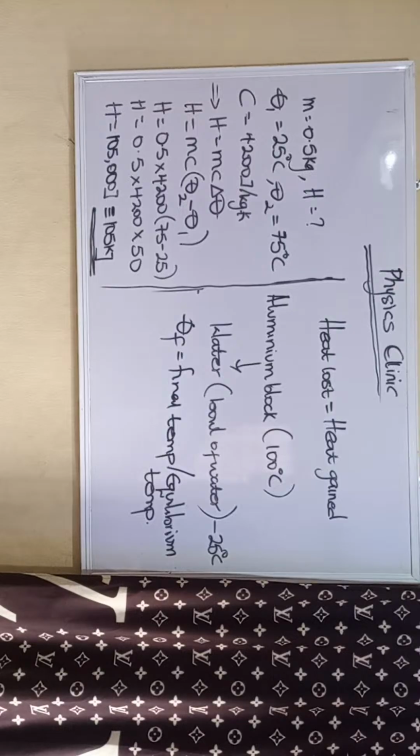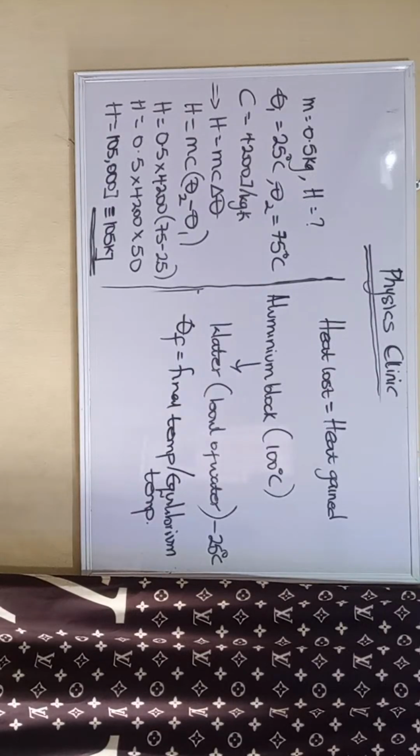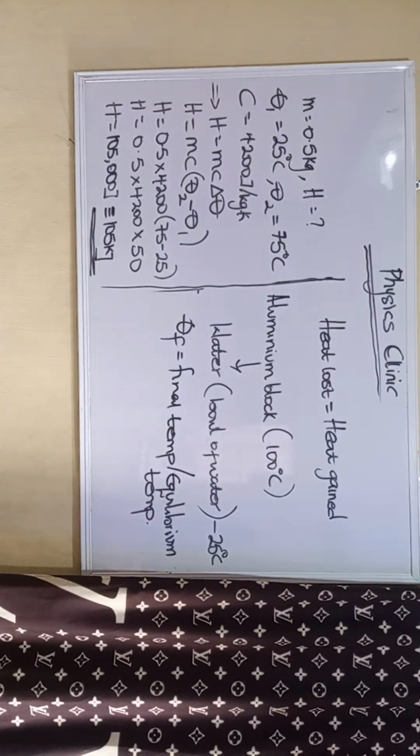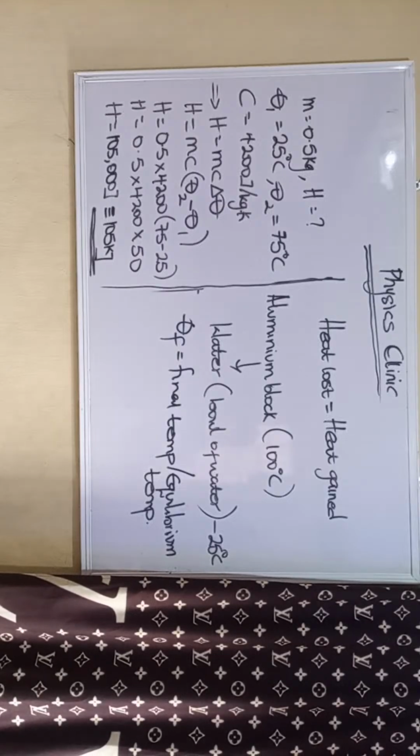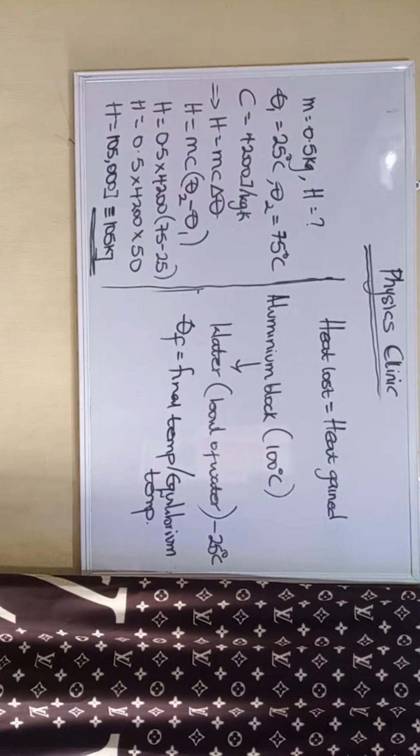Just dropping the question now. It says a 300-gram piece of metal at 100 degrees Celsius is dropped into 400 grams of water at 20 degrees Celsius.